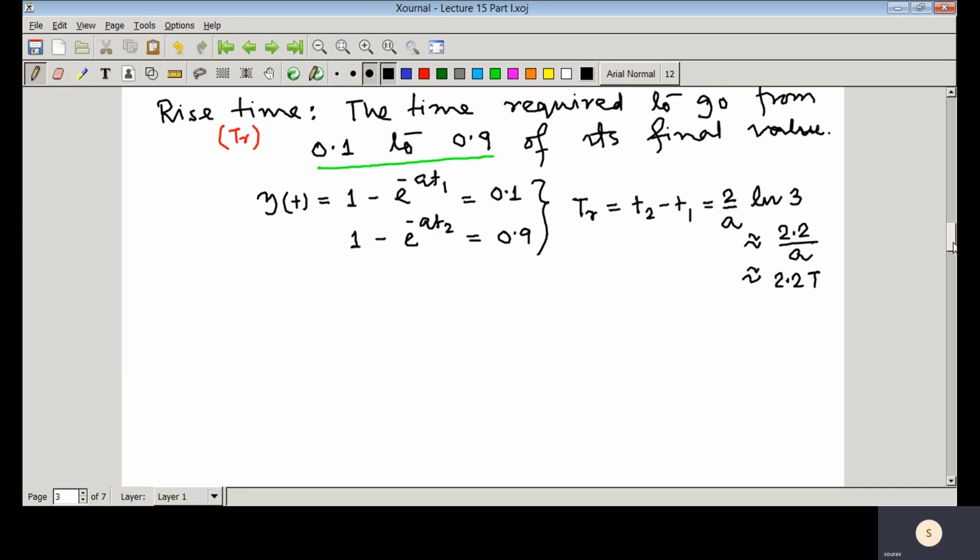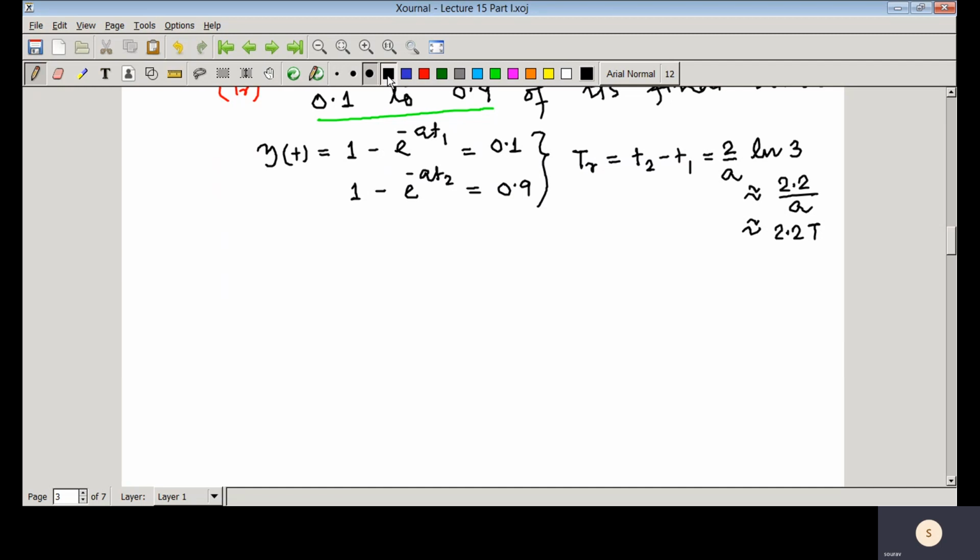So now we are going to define another term related to the time response of a first order system, that is settling time. We say that the settling time is denoted by Ts.